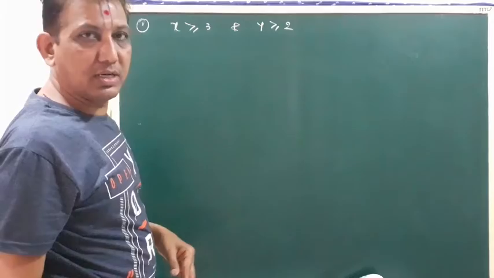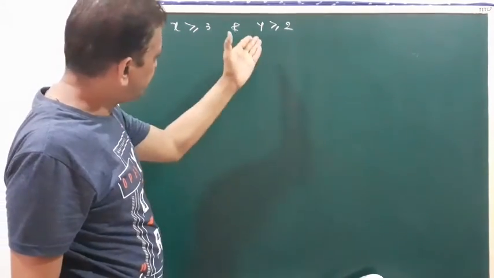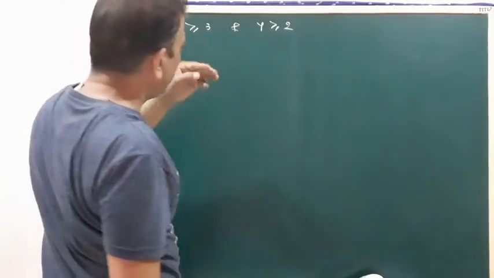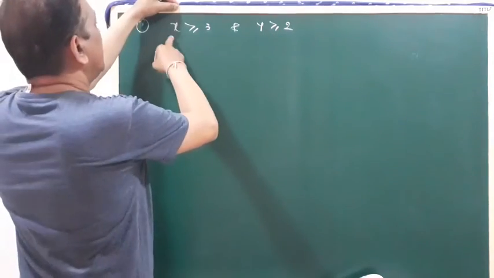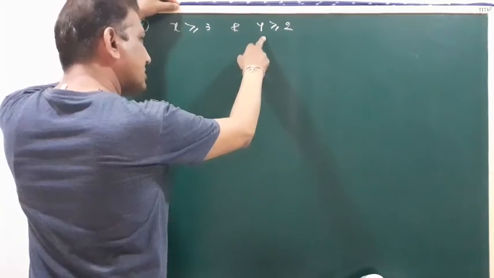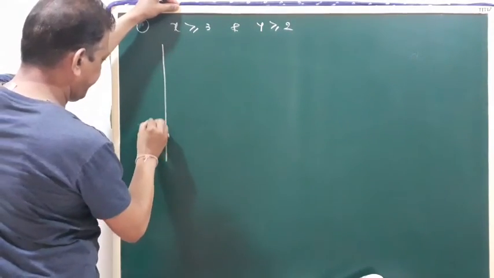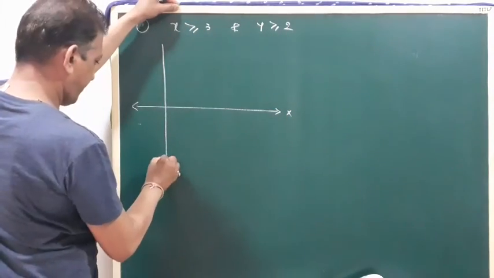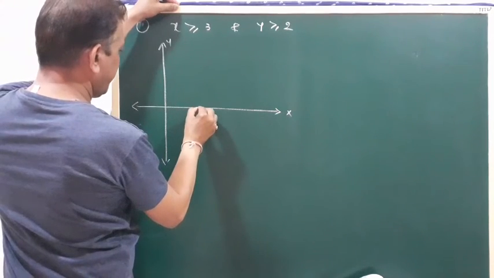This is a vertical line parallel to the y axis, and this one is a horizontal line parallel to the x axis. Both are in the first quadrant.